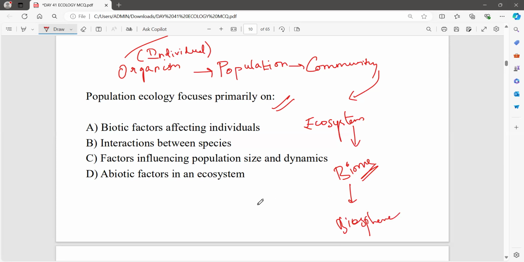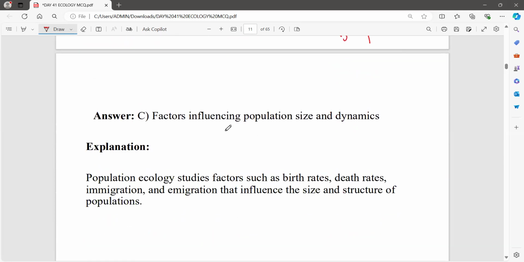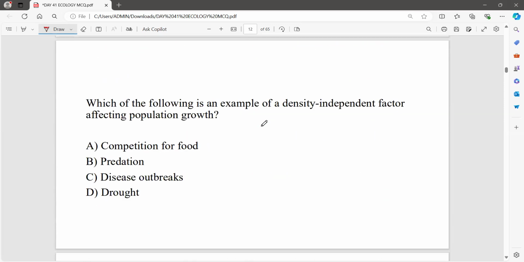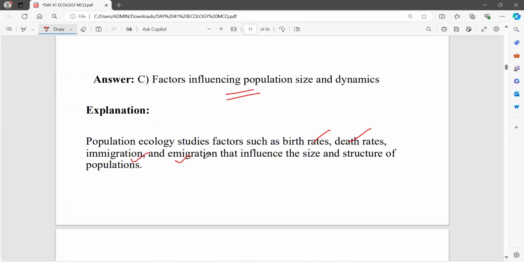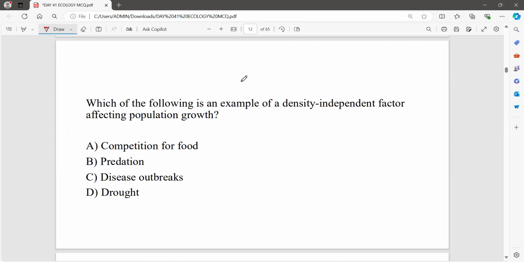Okay? So the answer for this question will be very good. A factor influencing population size and the dynamics. Right? Population size gets affected by the birth rate and death rate, immigration and emigration. Now, which of the following is an example of a density independent factor affecting the population growth? It will be a density independent factor which affects the population growth.